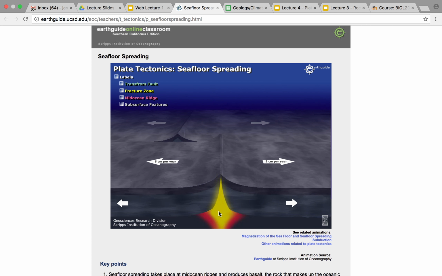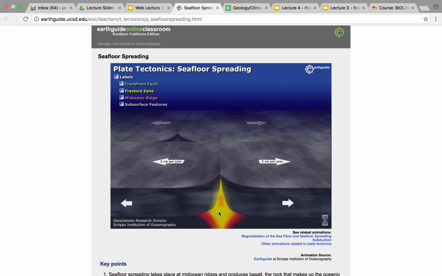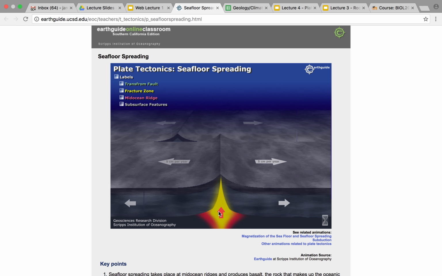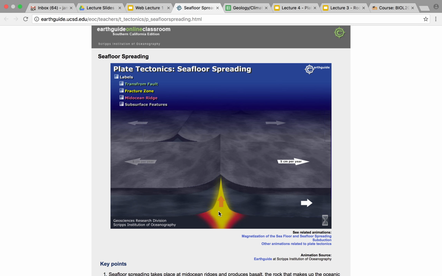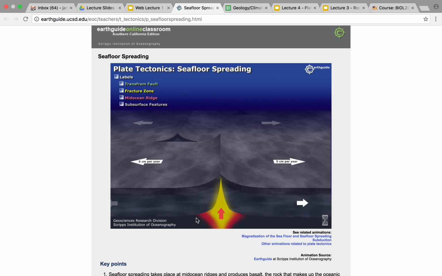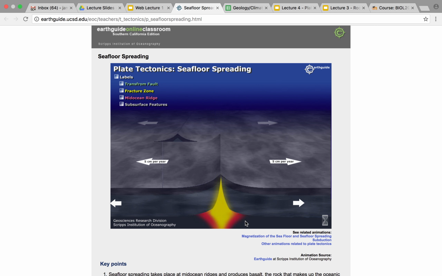There's only a very small amount of the mantle, asthenosphere, lithosphere that is actually melted, right? Just a few percent.